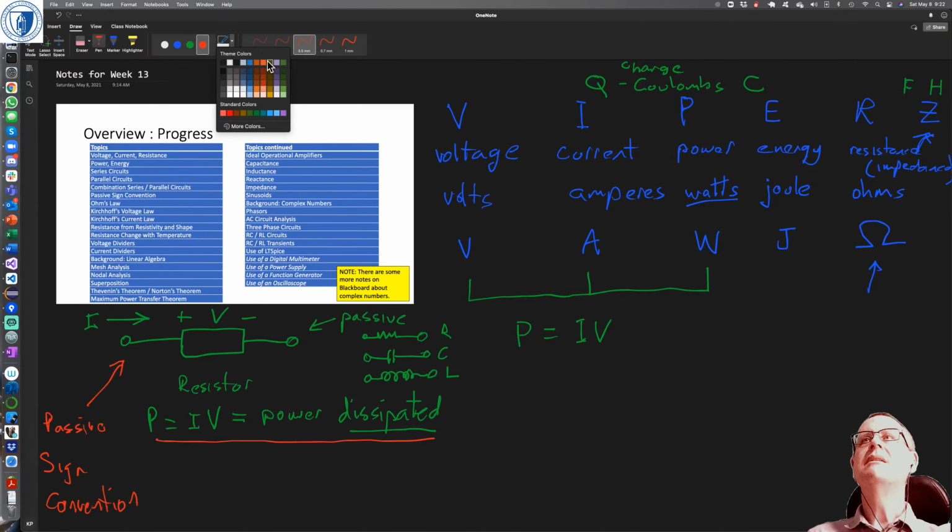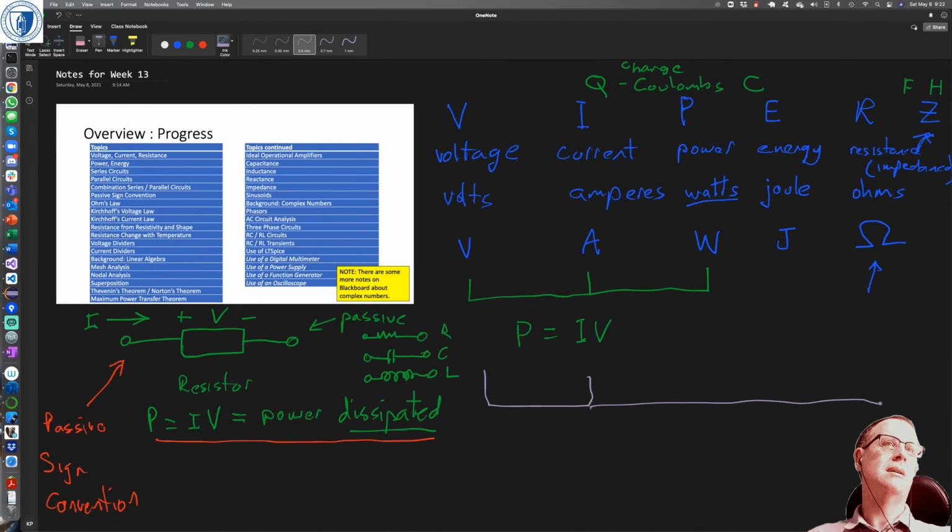The other relationship that we've looked at, right, is Ohm's law, right? V equals IR or V equals IZ.